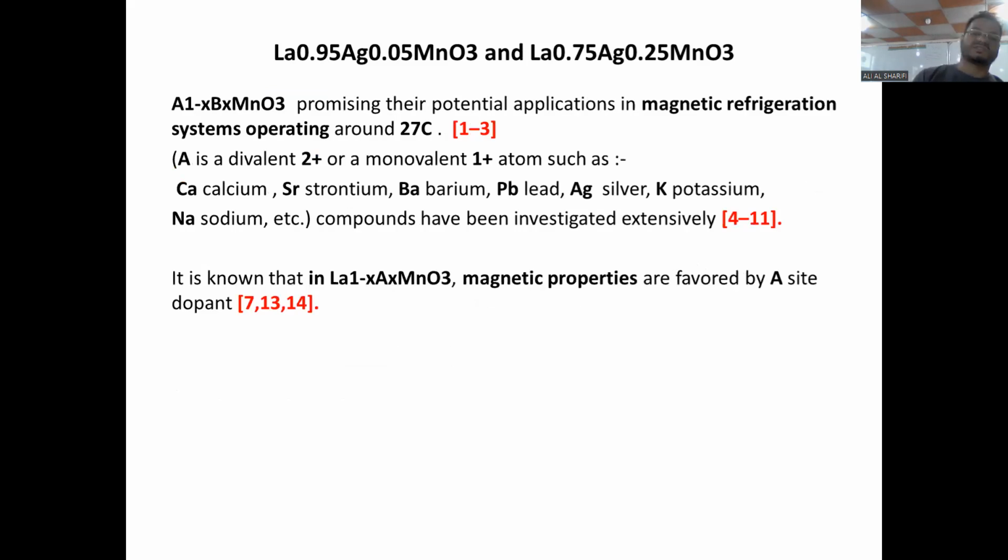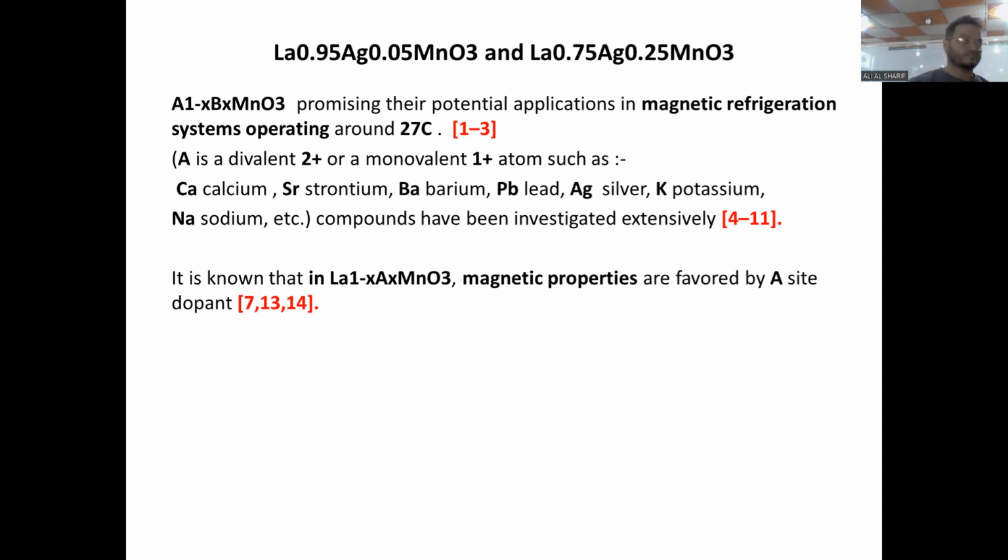Here, this doped structure proposes potential applications, because it's important, we can use it in magnetic refrigeration applications around or near room temperature. Now we know A is an alkaline earth, and we have two kinds of it, monovalent 1+ and divalent 2+, such as calcium, strontium, barium, lead, silver, potassium.